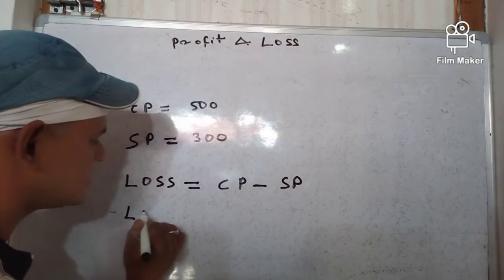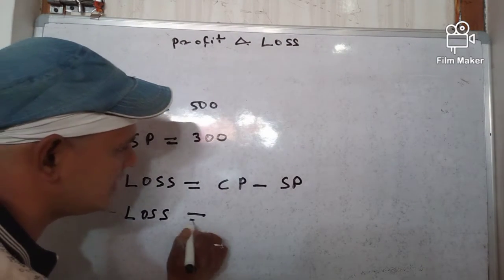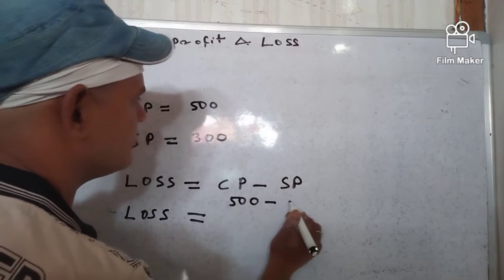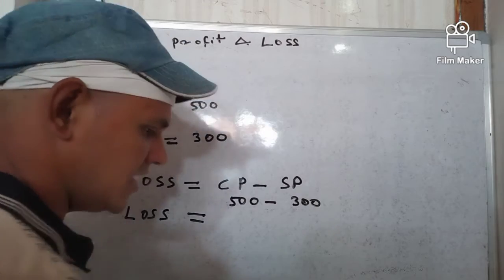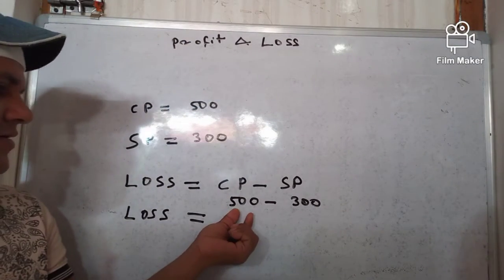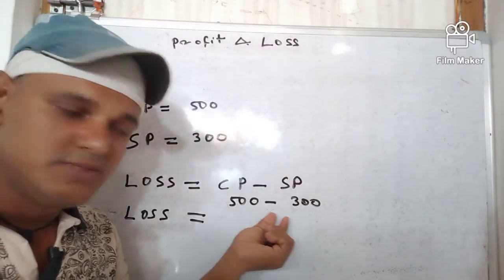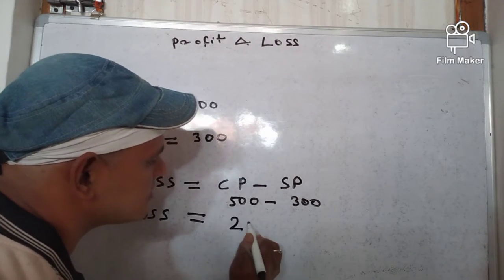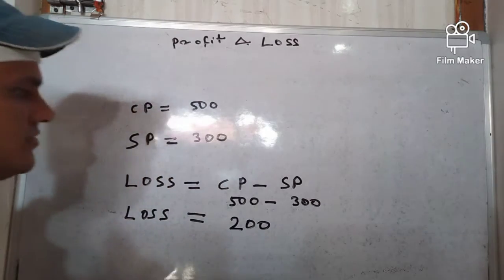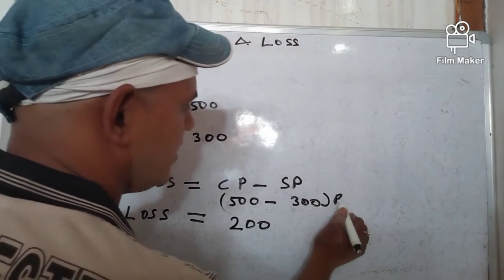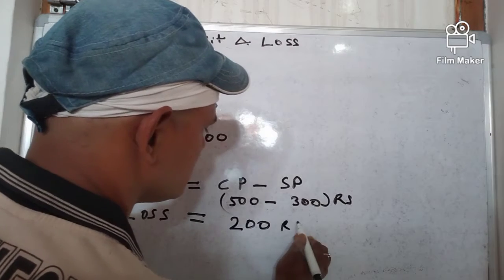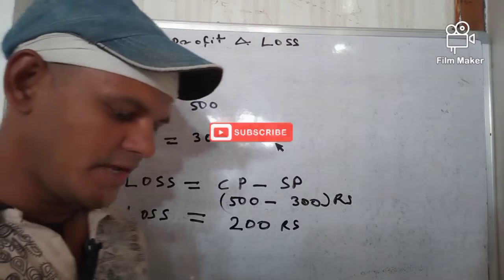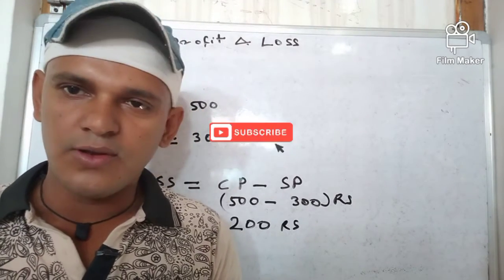So loss will be 500 minus 300, which is 200 rupees. Our target is to find his loss percent.